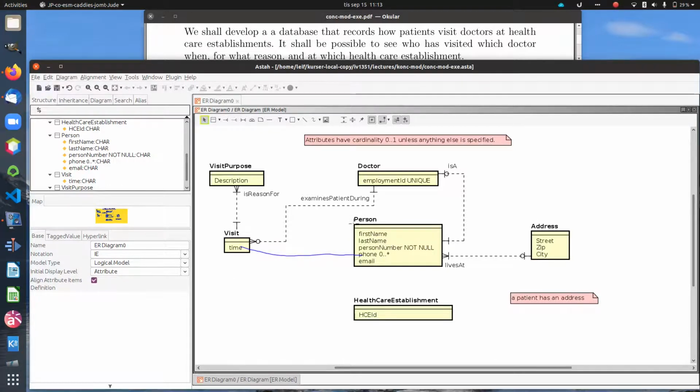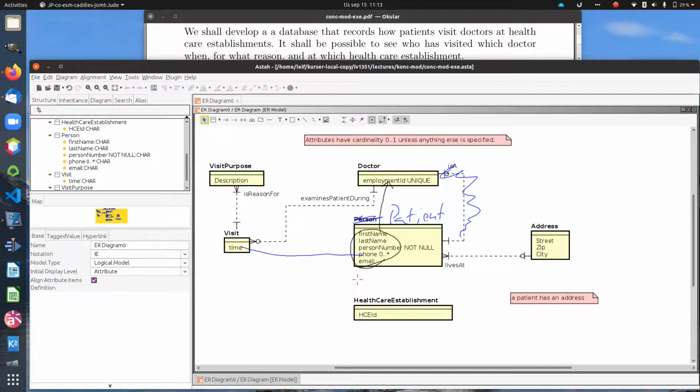Then why not rename person back to patient, which is what that table actually symbolizes, and remove this association and move the relevant fields here, and not move but copy, and have those fields also in the doctor entity. So this is another way to solve the same thing.